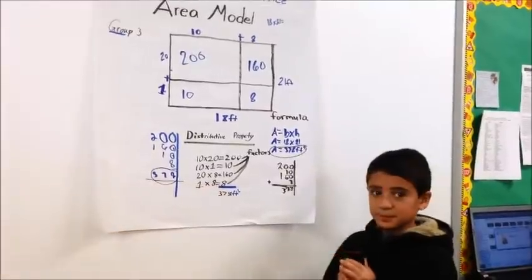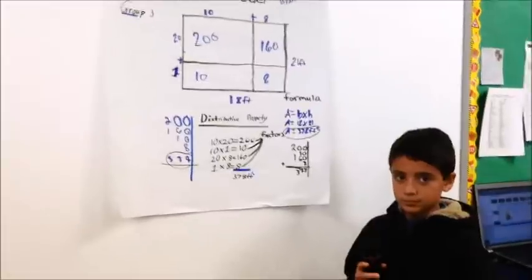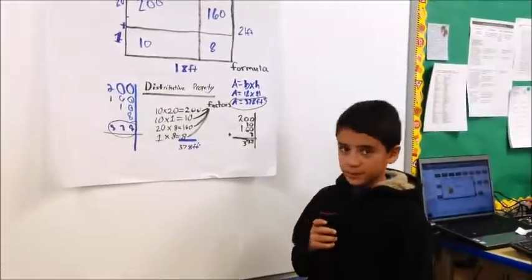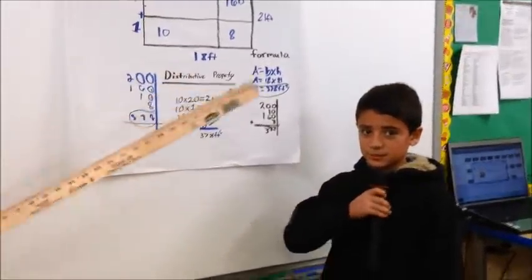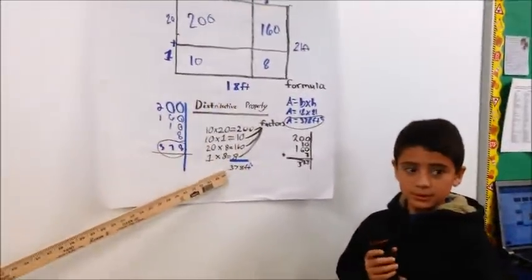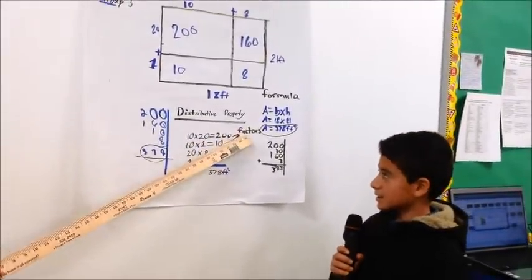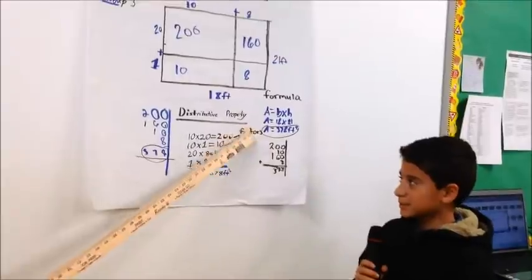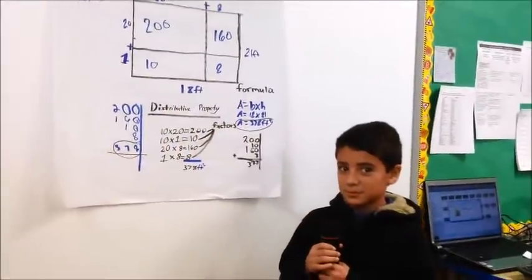What approach did you use to solve this multiplication for the area? Distributive property. And those answers that you have next to the equations, what do we call those? Partial products. Partial products is right.